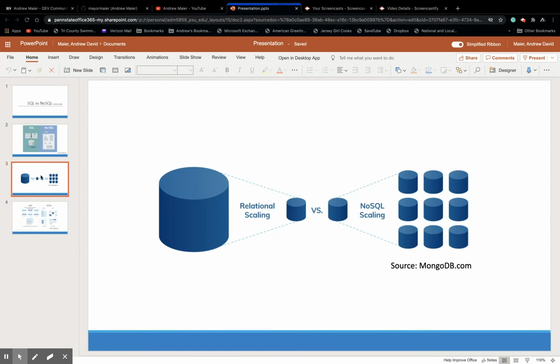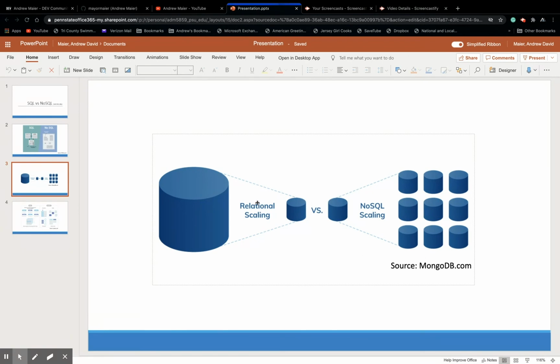Typically the difference in scale is with SQL databases, you're scaling vertically. So in order to improve performance in the system, you're going to be making the machine faster. Typically, relational databases exist on one machine. There's no partitions, and you're able to continue to add on to the existing system that you have.